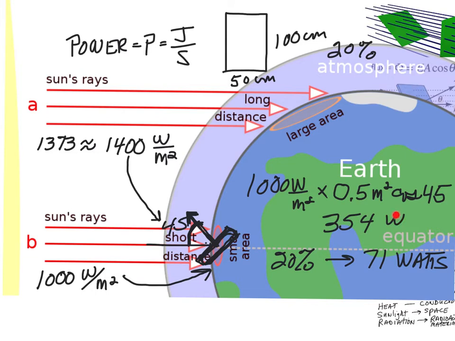And since the solar panel only collects 20% of what lands on the panel, we're collecting 71 watts instead of, I erased it, 100 watts. In other words, the amount of energy we're collecting is only 70% of what we were collecting if we were at an angle where the solar panel faced directly into the sunlight.